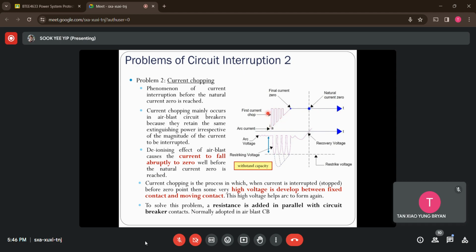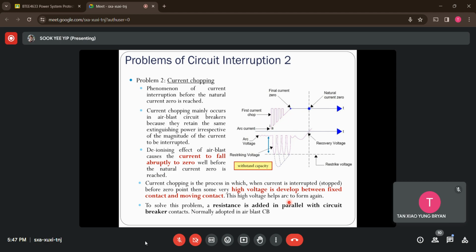Every time there's a drop of current to zero, it will cause a voltage increase. Whenever this voltage increase is much higher than the restriking voltage, due to this current chopping, the arc will restrike again. So you can see whenever the current has been interrupted before reaching the zero point, there will be high voltage developed across the contacts, which helps to generate the arc again.